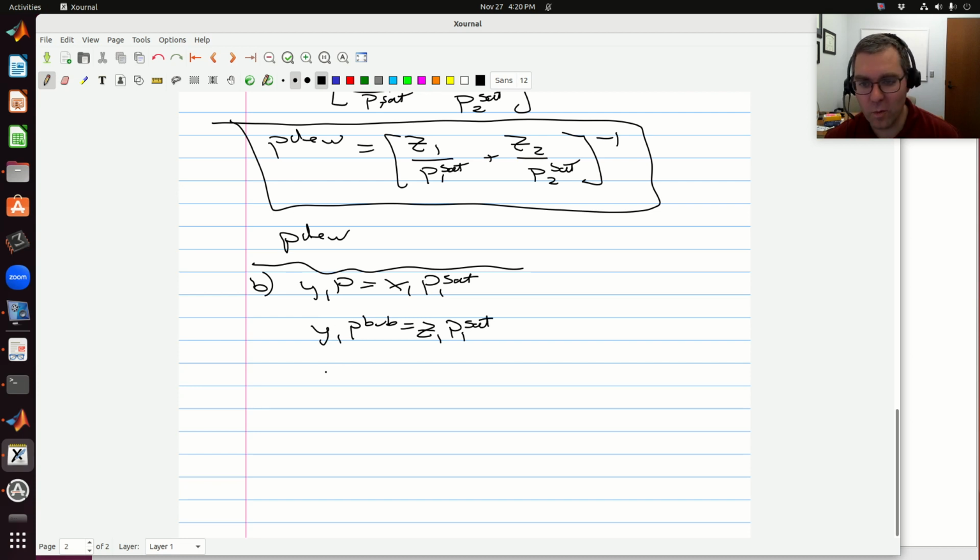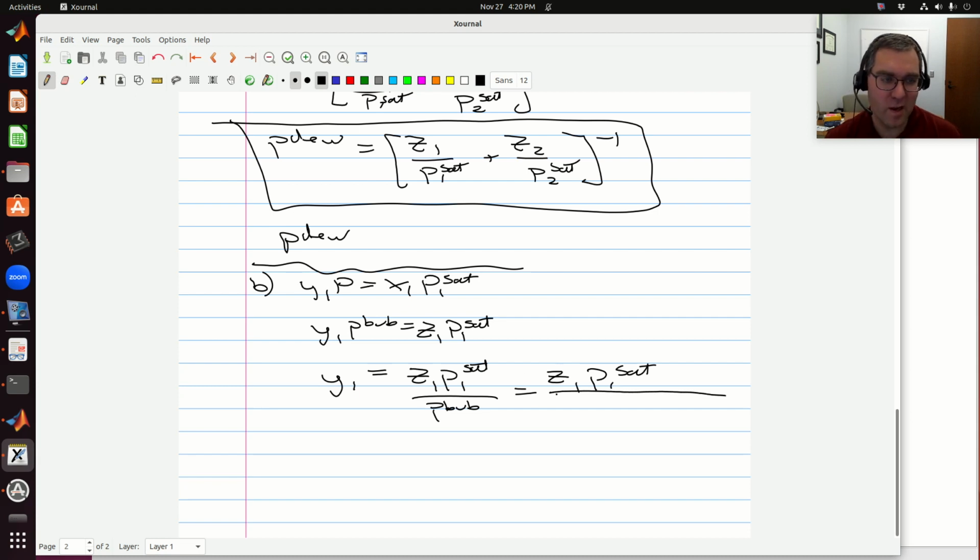So to solve, y1 is equal to z1 times p1 sat divided by p bub, which is equal to z1 times p1 sat over z1 times p1 sat plus z2 times p2 sat. My comment is I have z's here. You could also write it as x, since at my bubble point my z's and x's are the same.